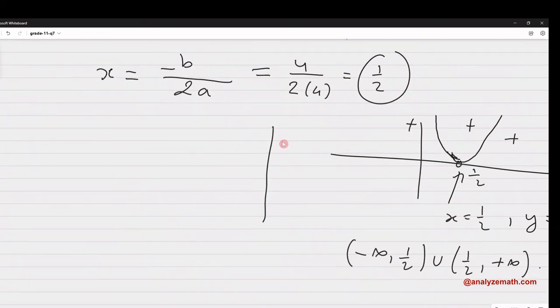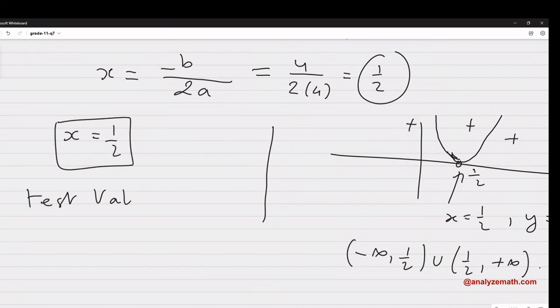Now, algebraically, how would we do this? First, we write the solution that we found. We go for a test value, any value except x equal 1/2. So let's take x equal to 0. It's easy. Find y.